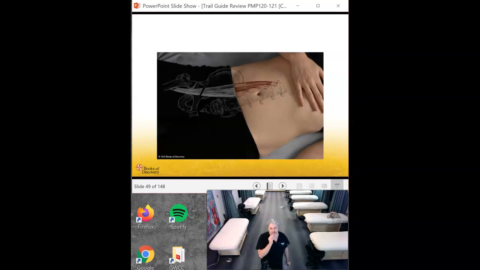Abdominus. How about so as you start to think about this major muscle, maybe the name will just come to you. I don't know.